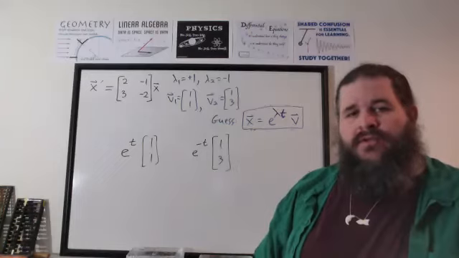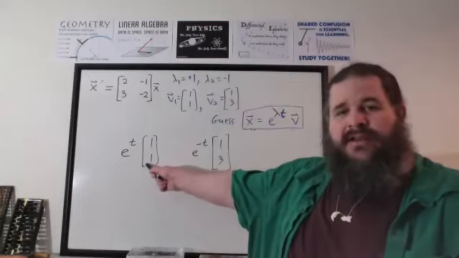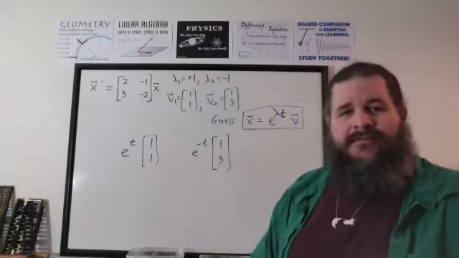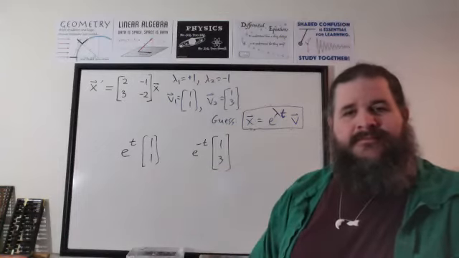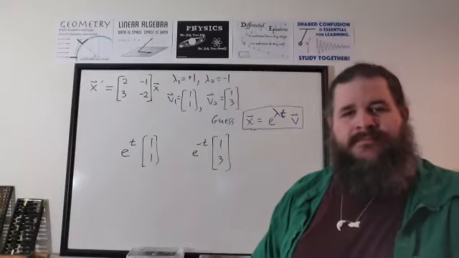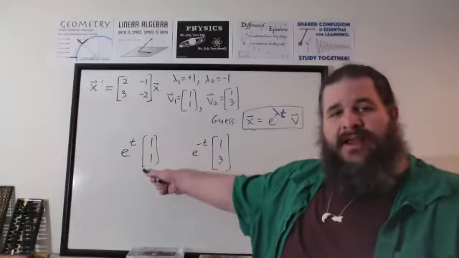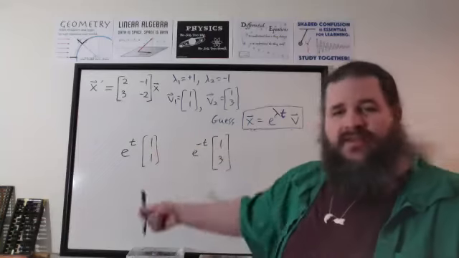But if we want more solutions, first of all, what could you do to an eigenvector that will result in still another eigenvector? Because remember, 1, 1 is just one example of an eigenvector. What could you change to this and get?